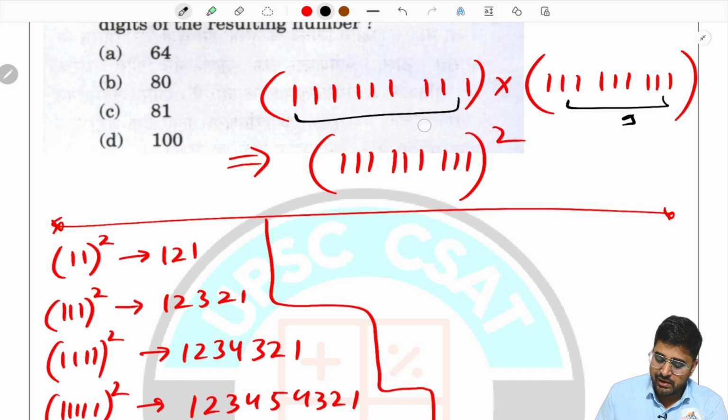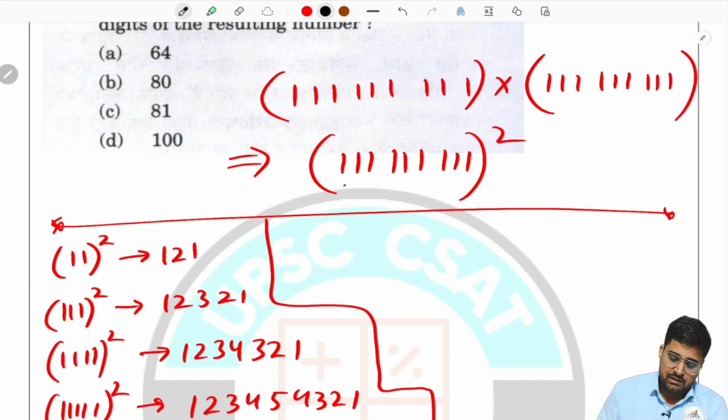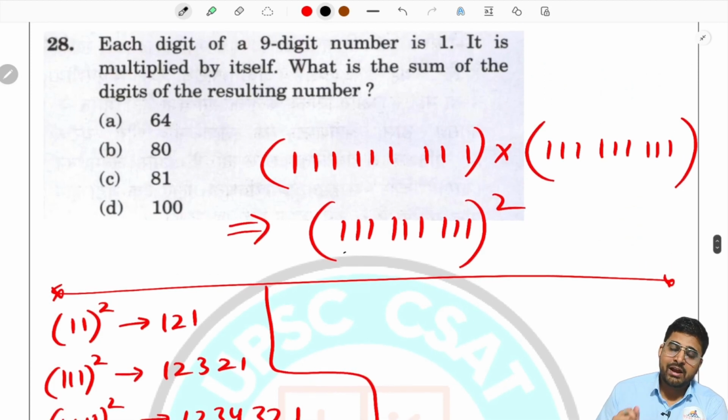Yes, it is divisible by 9. So if this number is divisible by 9 and this number is also divisible by 9, when you multiply them, the result is also divisible by 9. So we have to find a number in the options which is divisible by 9.